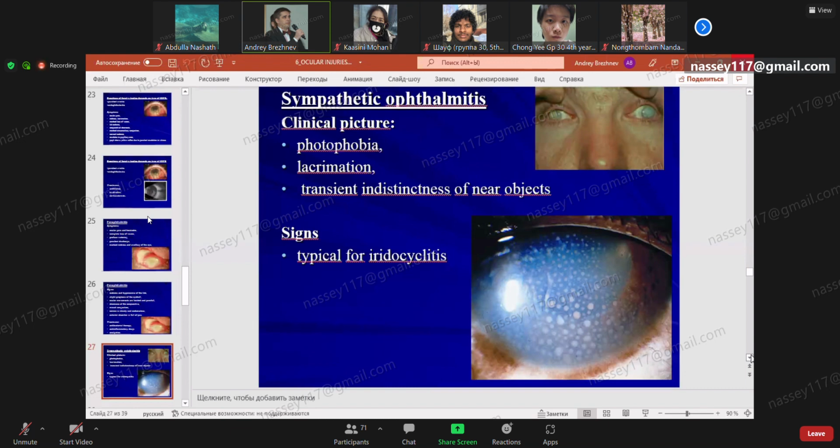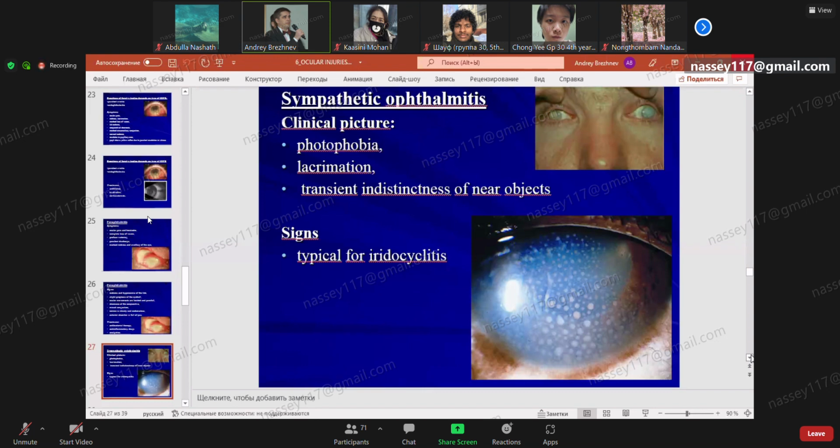And it may cause total blindness without treatment. So the sympathizing or normal eye is usually involved after 4 to 8 weeks of injury in the other eye. The early symptoms of sympathetic ophthalmitis are sensitivity to light, the so-called photophobia, lacrimation, transient indistinctness of near objects, and weakness of accommodation.